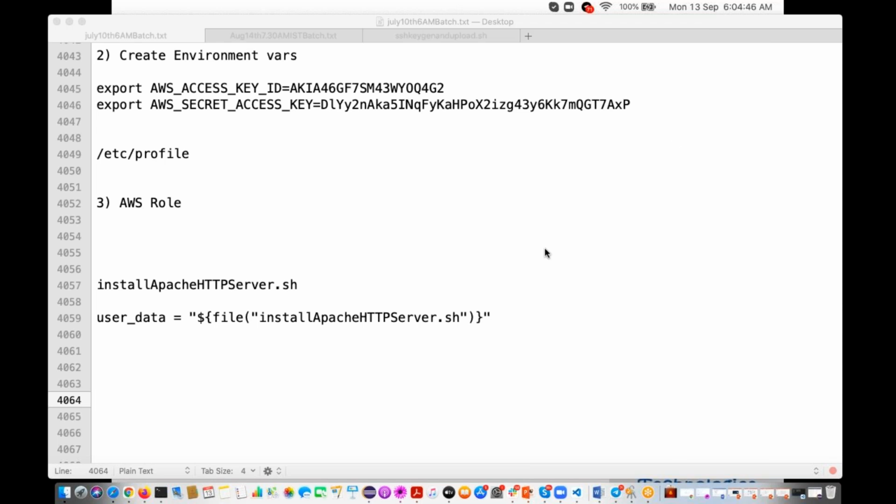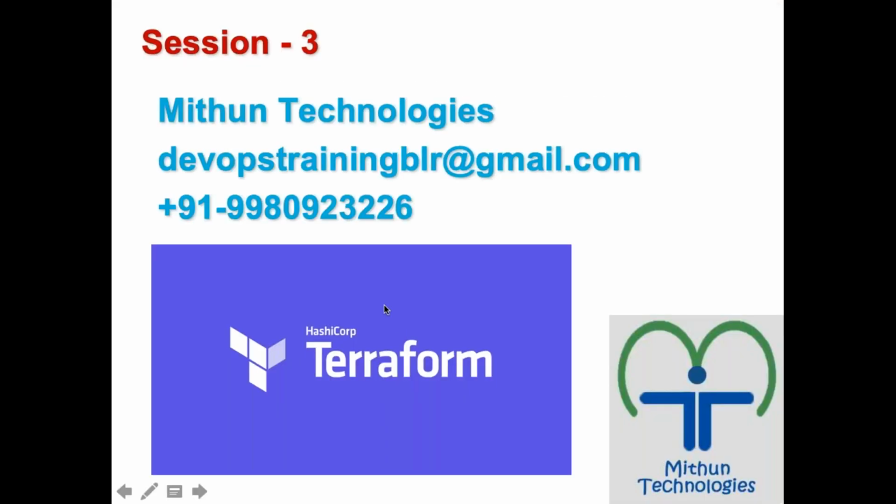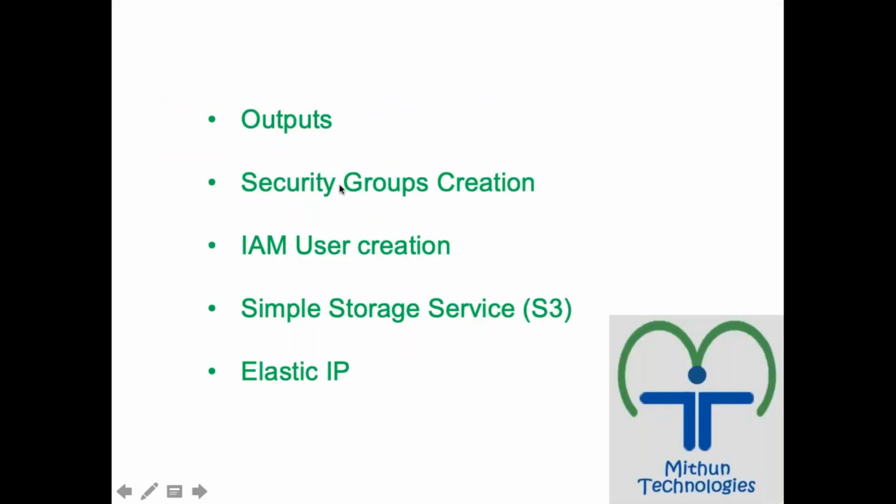So if you delete that state file and execute the Terraform script, what will happen? It is going to create one more time whatever resources you mentioned in that Terraform script, right? Okay, so today we are going to discuss outputs.